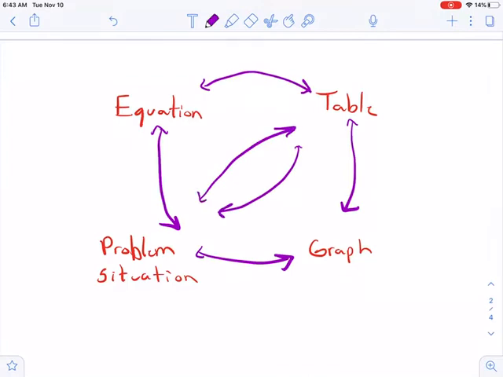Actually, that seems a little arrow heavy. But if we have these things, then we can come up with all the rest of them, okay? So there's nothing that's missing. If we have a graph, we can come up with an equation. If I have a problem situation, I can come up with a graph, and so on and so forth. And then all that's really changing in math are the topics.